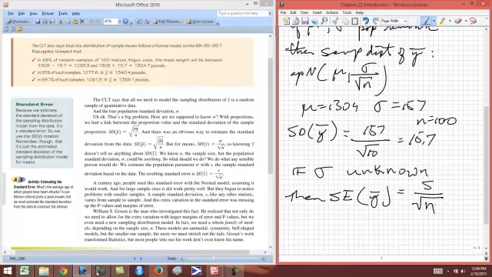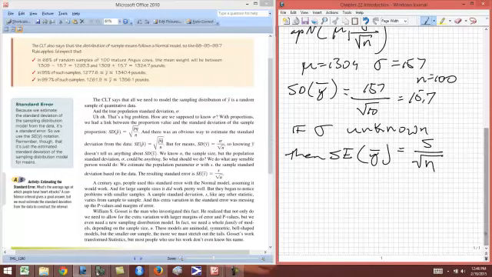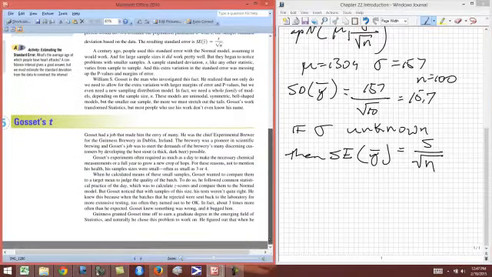So the standard error of y bar is the standard deviation of the sample over the square root of n. Now, this is a nice solution to our current problem. However, it leads to a further problem.